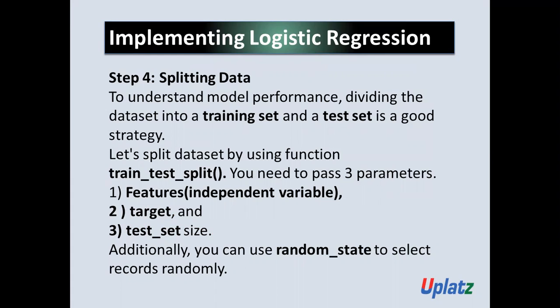First one is the independent variable, second one is the dependent variable, and the third one is the test_size parameter. That is going to set the size, and additionally you can also pass the fourth parameter random_state to select the records randomly.